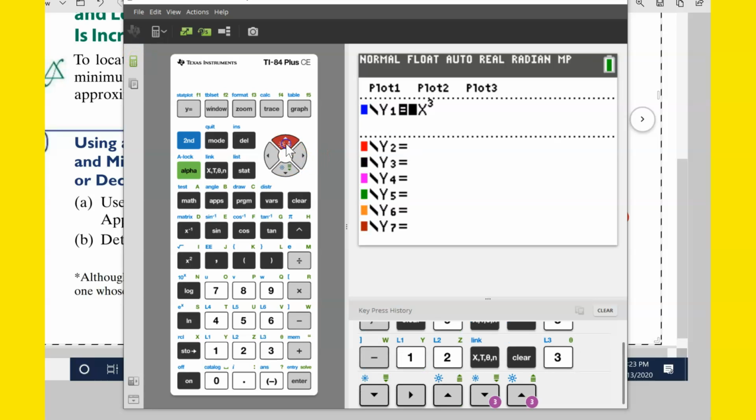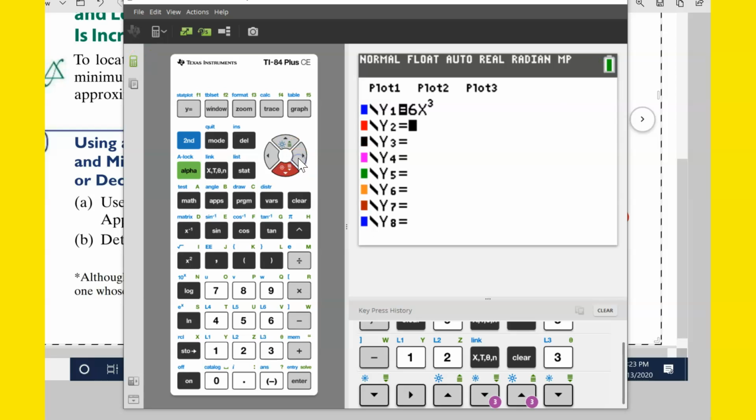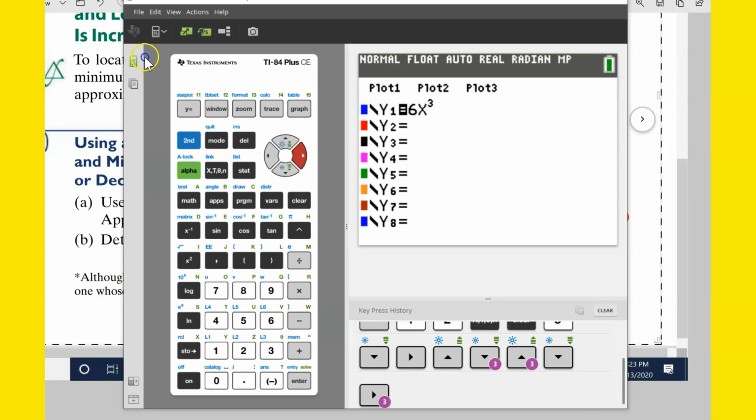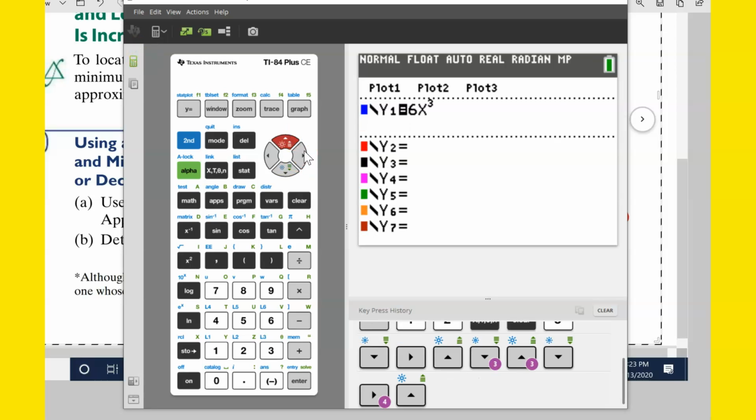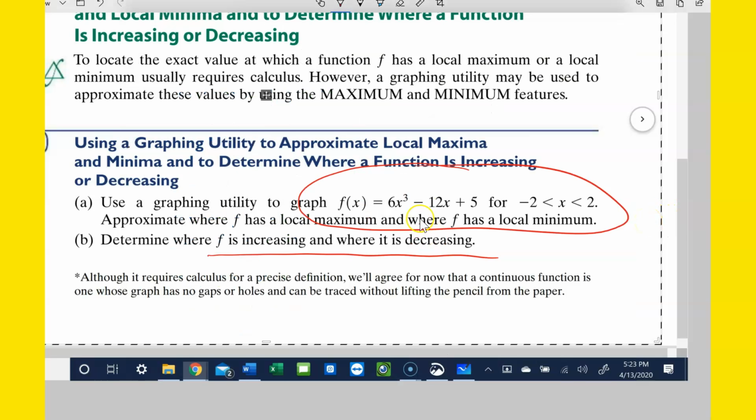You are not clicking when I'm telling you to click. Minus 12x plus 5. Make sure that's right. Minus 12, yeah.